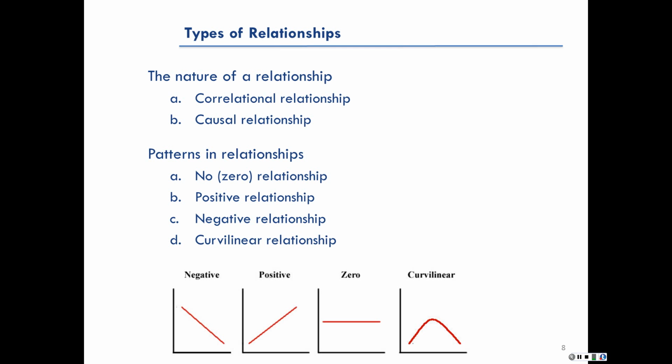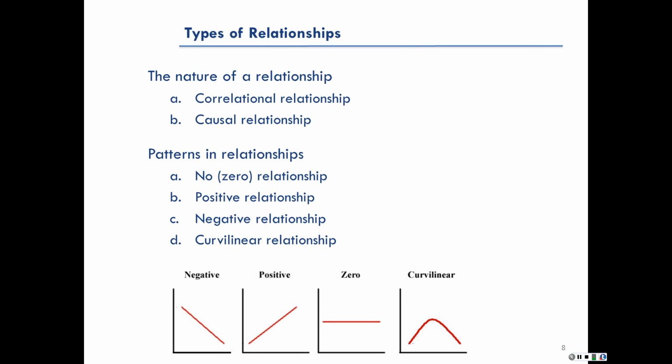Another thing to think about has to do with patterns in relationships. There are 4 possible options here. One option is just that there's no relationship between 2 variables. You can see the diagram on the bottom for 0 relationship, if the x-axis were the independent variable and the y-axis were the dependent variable.